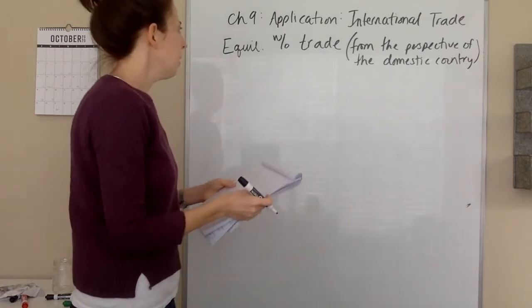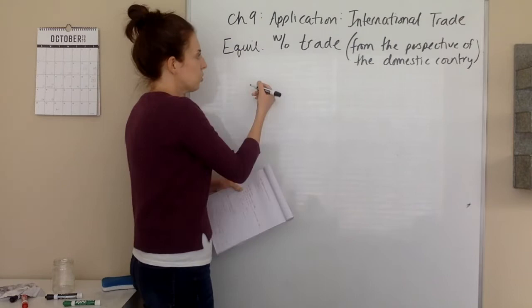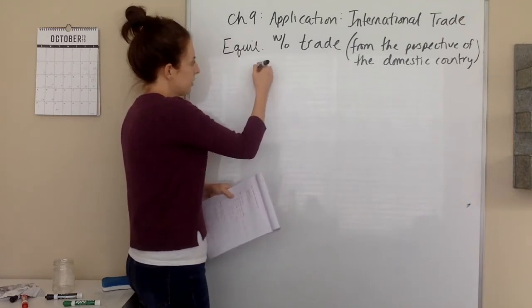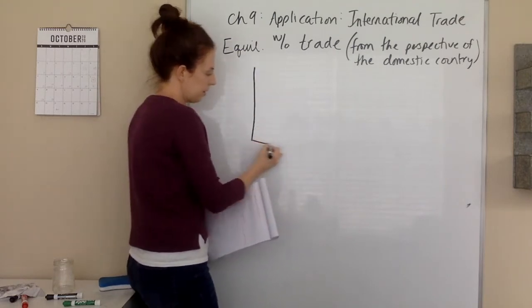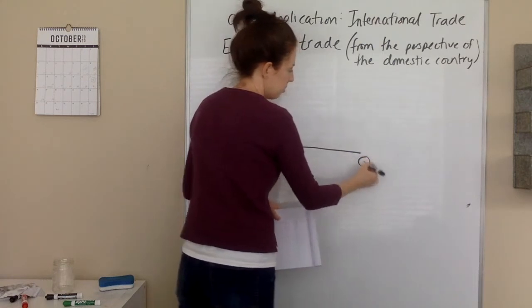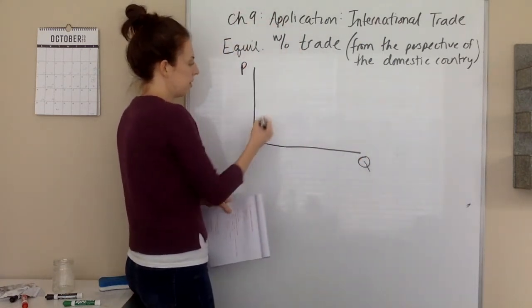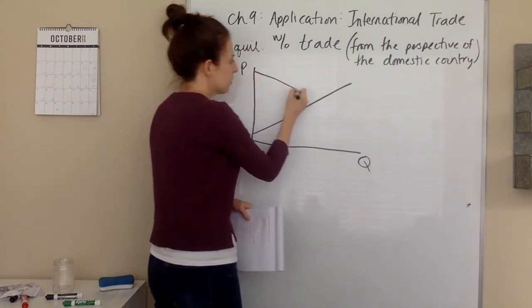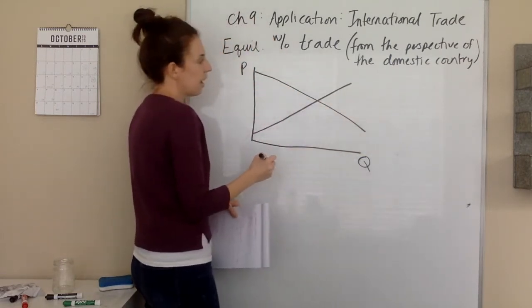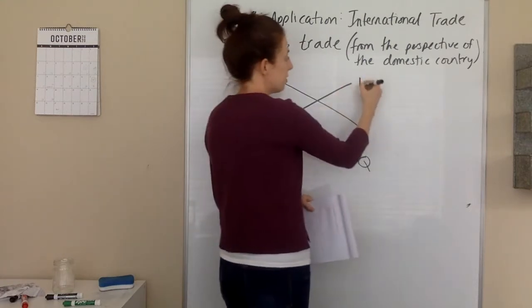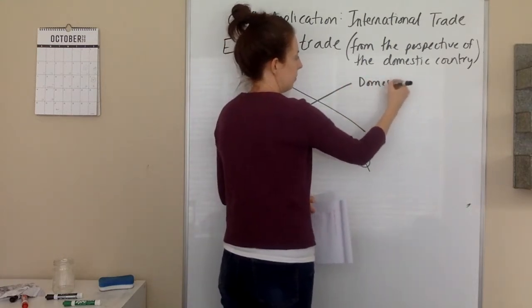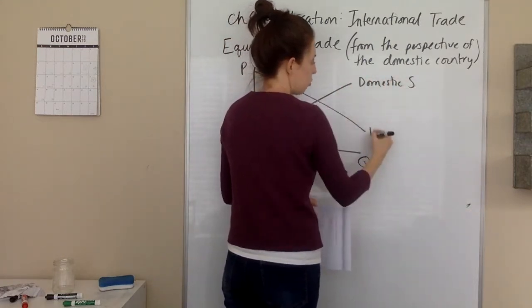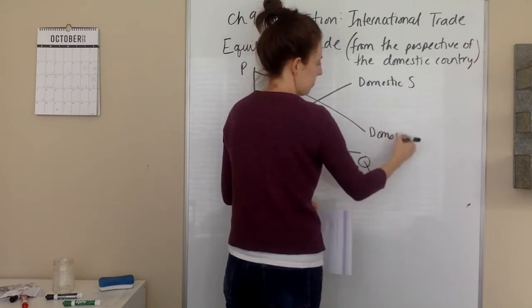Okay, so the domestic country without trade is going to have a supply and demand. This is going to be identical to the supply and demand that we have been drawing over and over again, except we're going to explicitly label this as the domestic supply and the domestic demand.